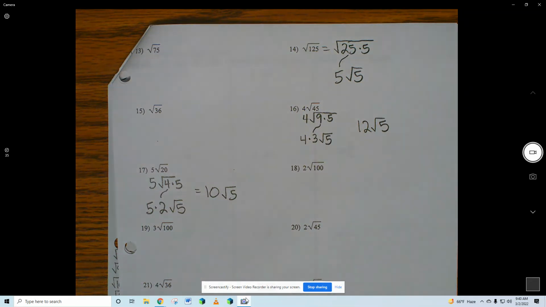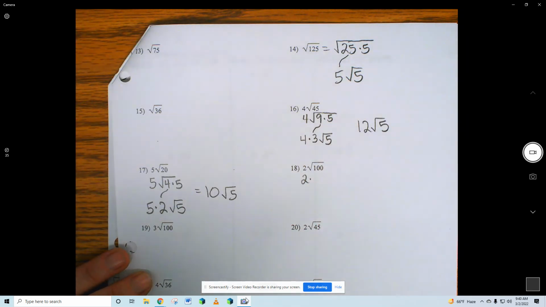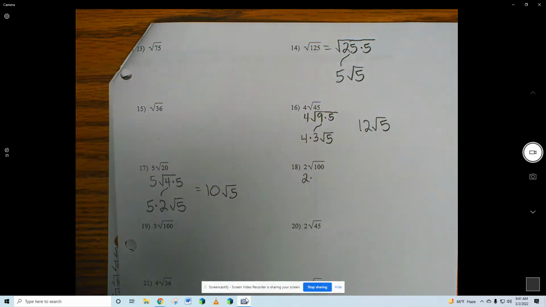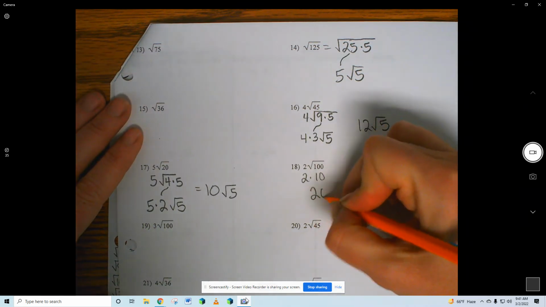I'll do 18. 2 times, it's already a perfect square. Yay! 2 times 10. The answer is 20.